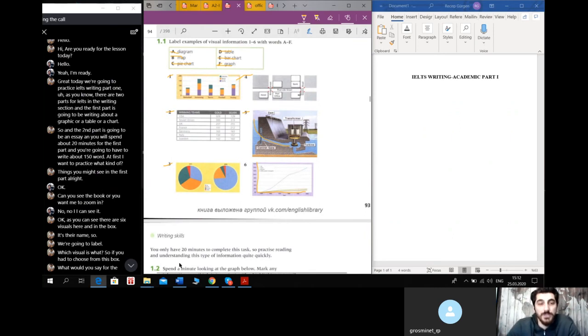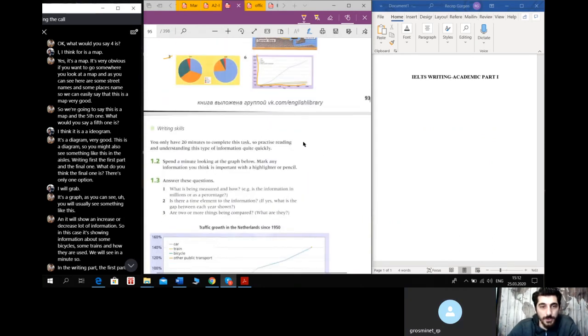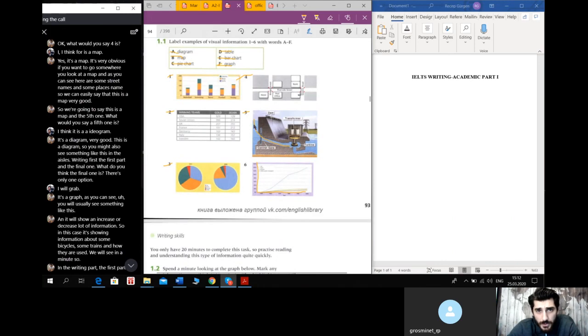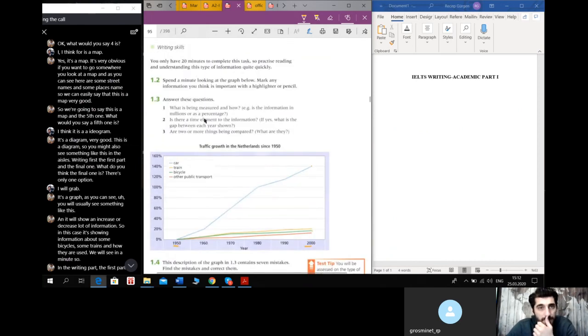Do you have any questions for the first part? No. Okay, let's continue down to the book. Now, it's going to practice first the graph. So let's see what it shows in the graph. So we're going to look at the traffic growth in the Netherlands since 1950. Okay. So on the left part, so when you see a graph like this, you have to look at the information.